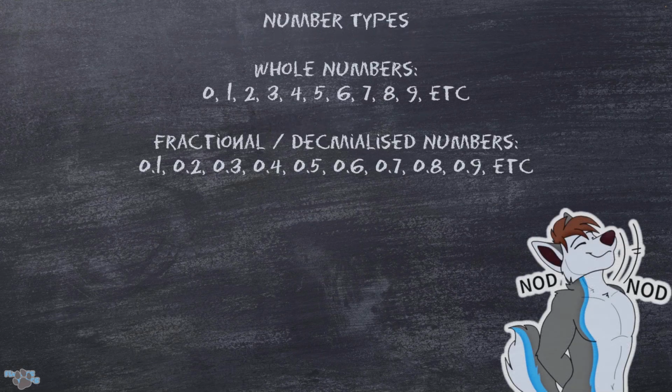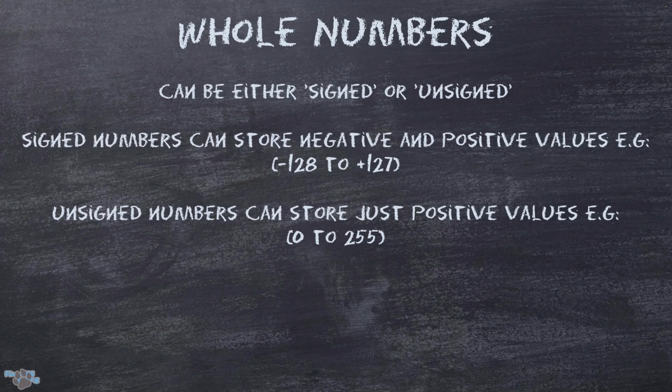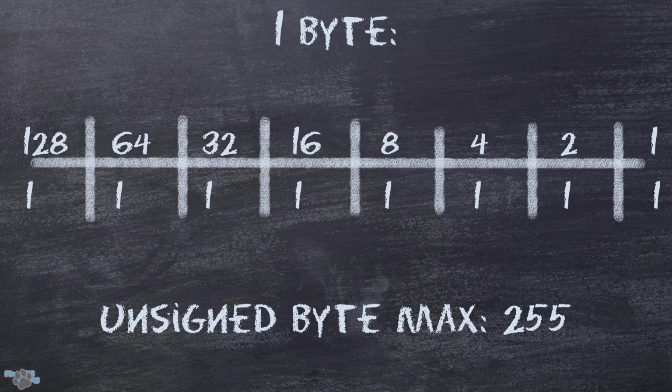When we store numbers in code, they come in two flavors, whole numbers, or decimalized/fractional numbers, like pi. Focusing on whole numbers for now, we can store values in various sizes. A number can, depending on whether it is signed or unsigned, store different size values. Bringing it back to binary for a moment.